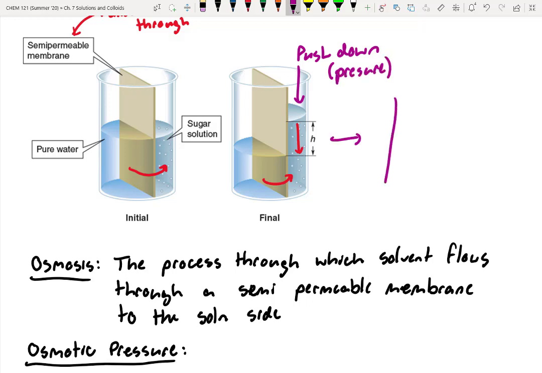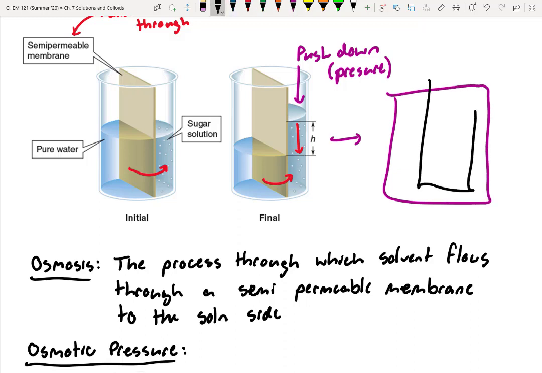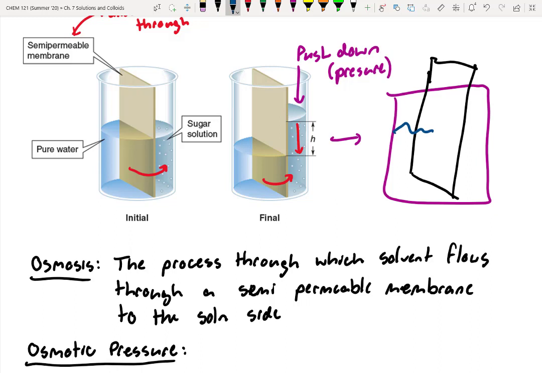Until these two are now equal again. So I'll just go ahead and do my terrible art drawing. Oh man, that is bad. Where these two volumes are now equal on both sides. This push down pressure that we need to get things equal again is called the osmotic pressure.